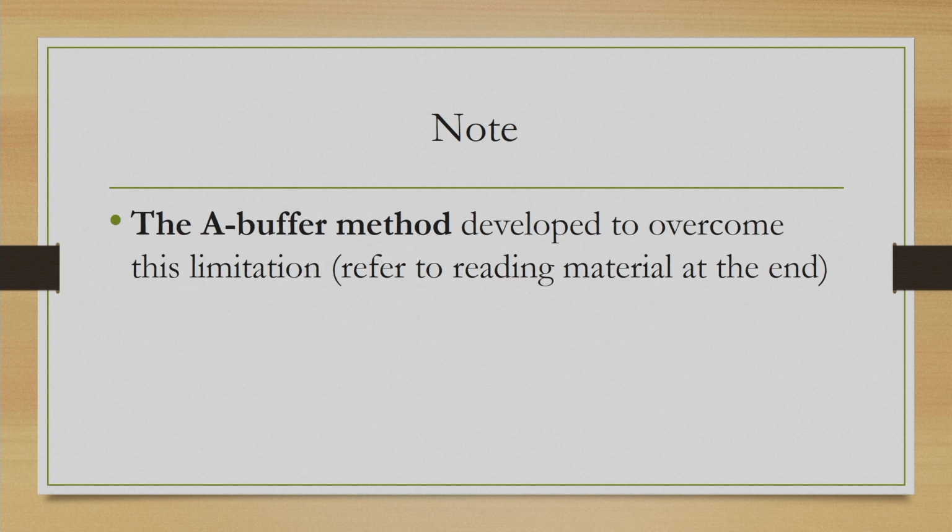There is another method called the A buffer method, which can be used to overcome this particular limitation. We will not go into the details of this method, you may refer to the reading material. So, that is in short what we can do with the depth buffer method.